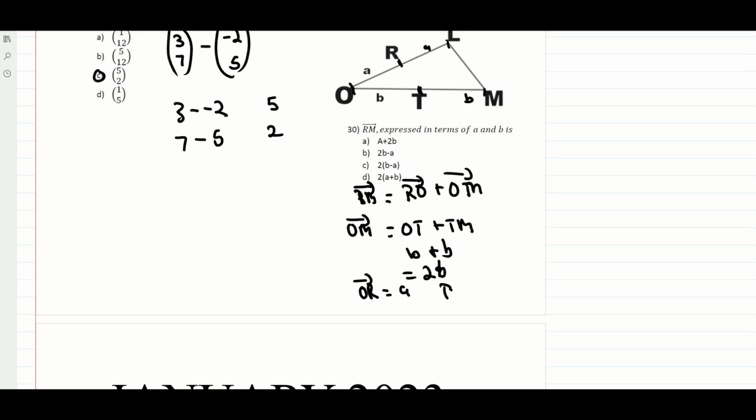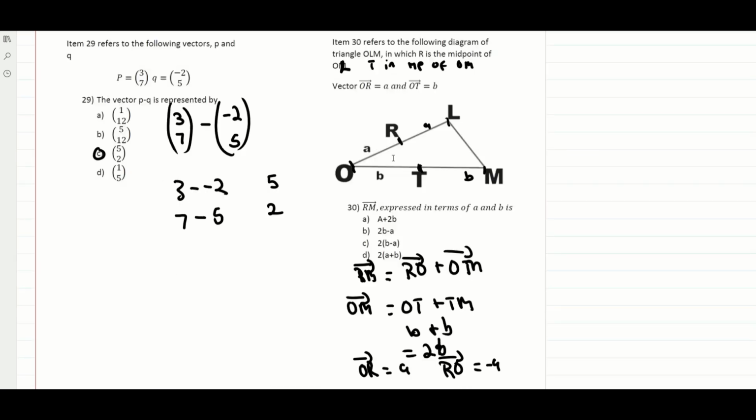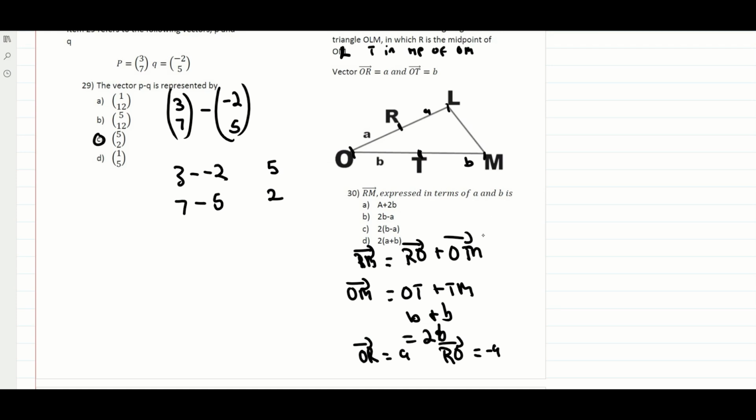But we're going in the opposite direction, RO, so that would be negative A. Right, so RM would be equal to negative A plus 2B. Right, which is B, your answer for this question.